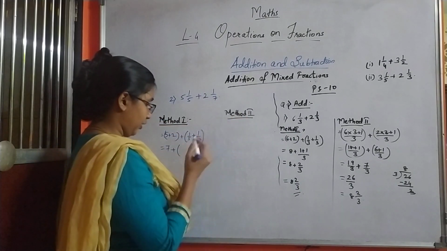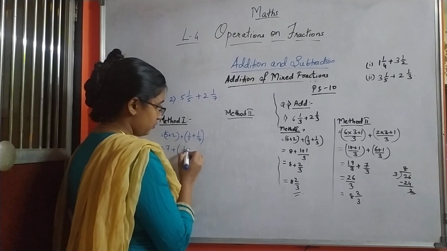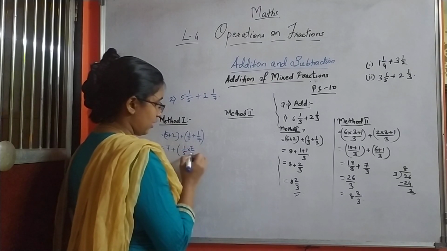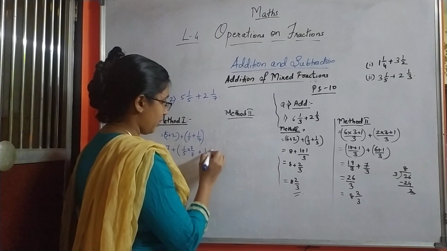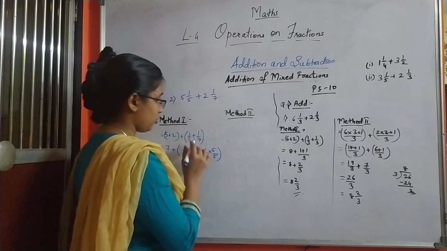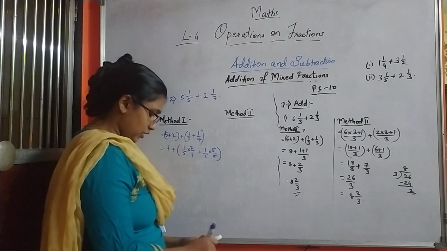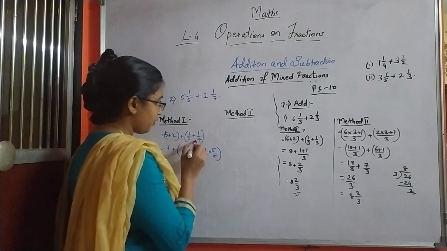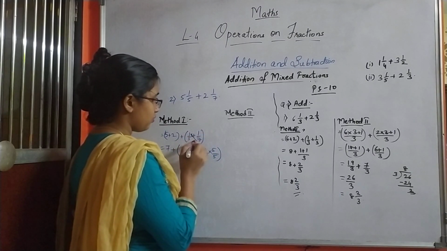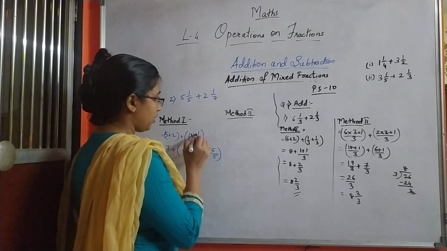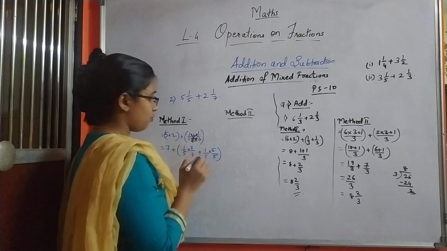How to cross multiply now? I will take 7 over here and 5 over here. This is cross multiply. That means what I am doing is, I will show you with an arrow mark. I will multiply 7 on both the sides and multiply 5 on both the sides.